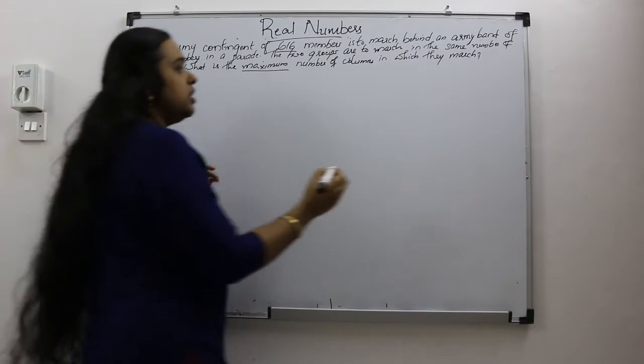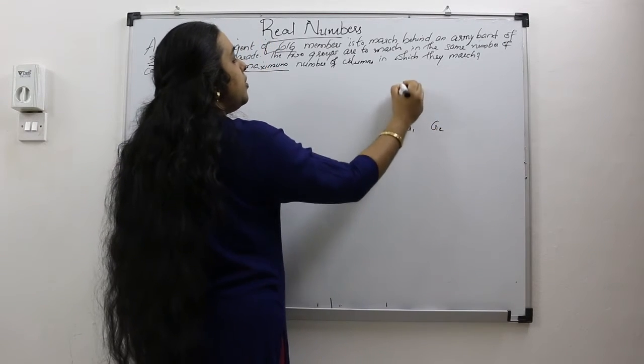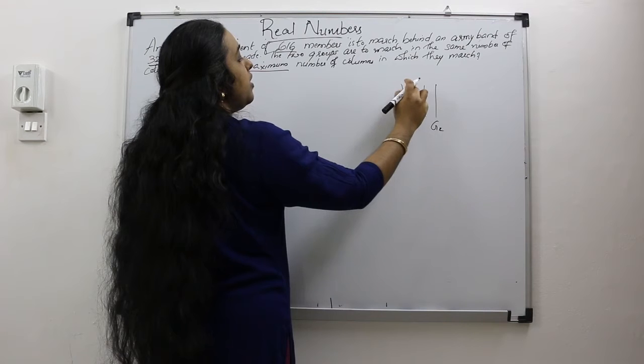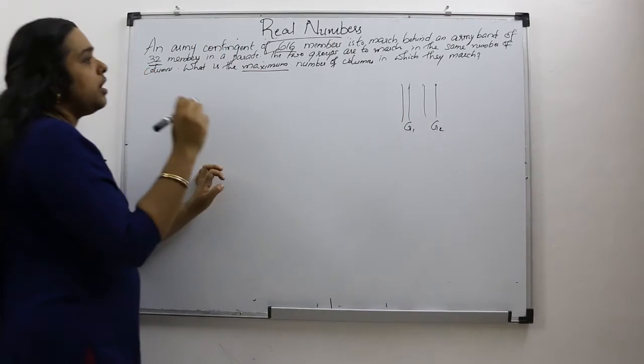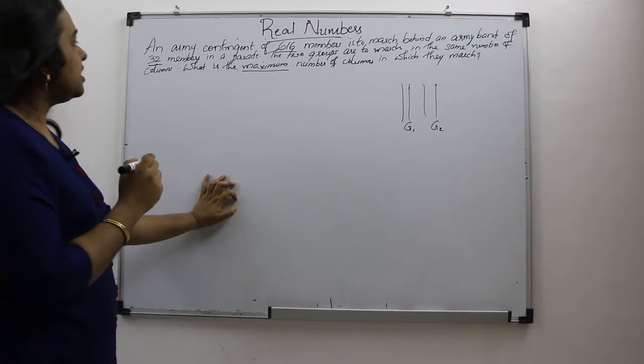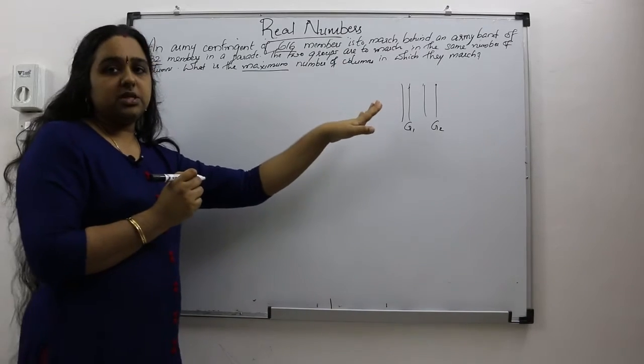So there are two groups, group 1 and group 2. These two groups are marching in the same number of columns, so in each column there will be the same number of army members. We need to find the maximum number of columns.